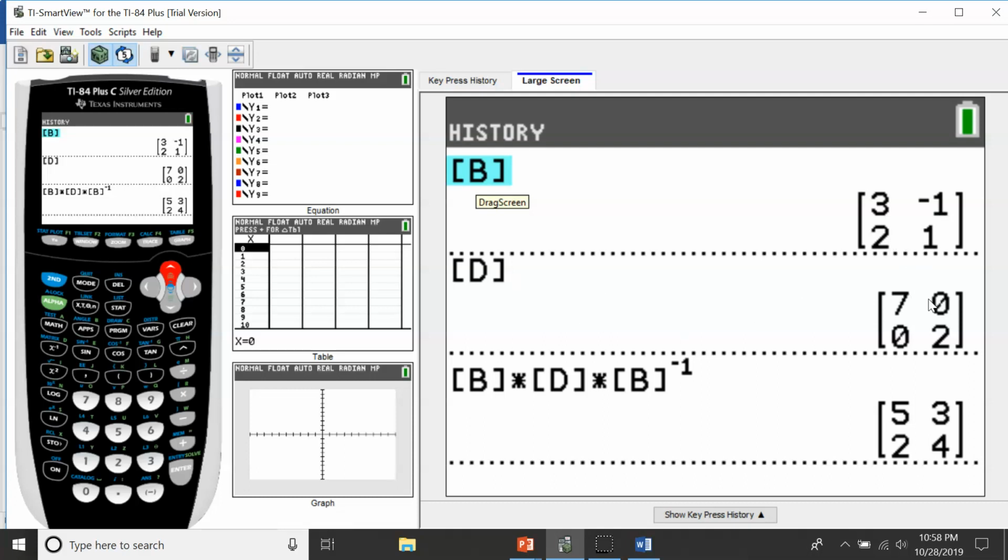D, let that be 7, 0, 0, 2. Now again, I used matrix B in my calculator as a substitute for matrix P that I wrote down. So P times D times P inverse is equal to 5, 3, 2, 4, which is my original matrix that I started with.